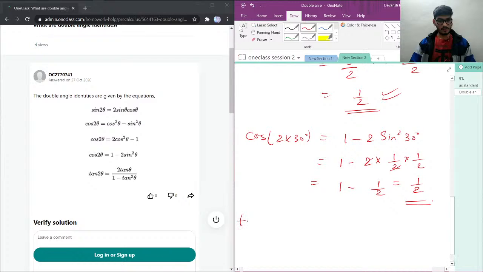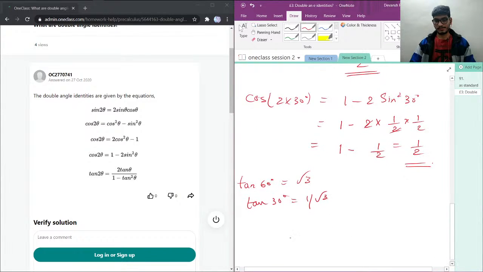Now for going for tangent, so tangent of 60 I know is root 3, and tangent of 30 is 1 over root 3. So let us calculate.